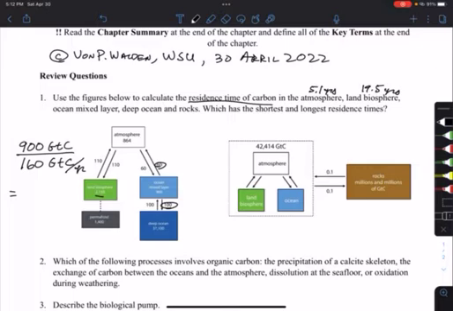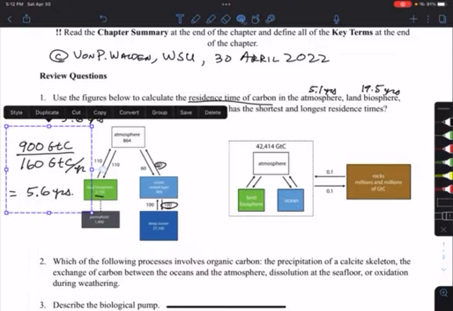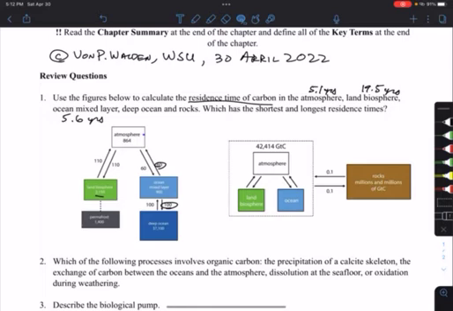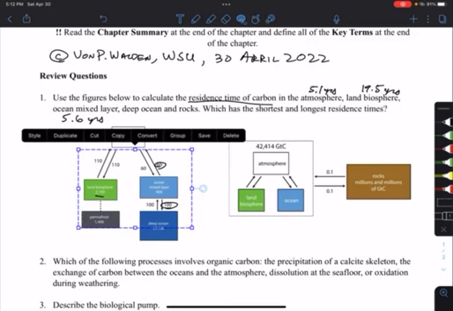Out of this we get 5.6 years. So we'll put that up here. So we can see all the residence times for these top 3 here. The atmosphere, the land biosphere, and the ocean mixed layer all have pretty short times.